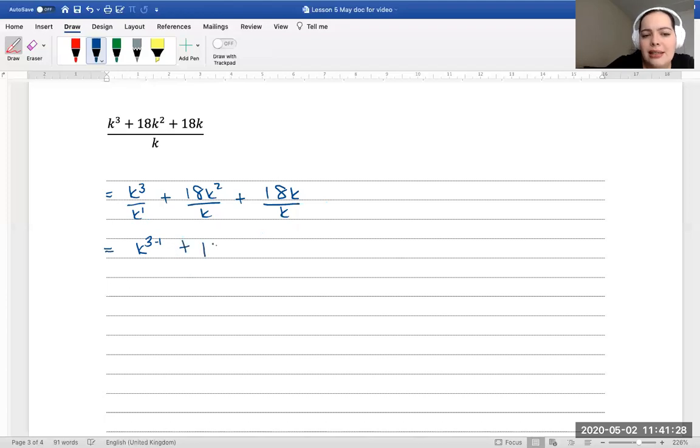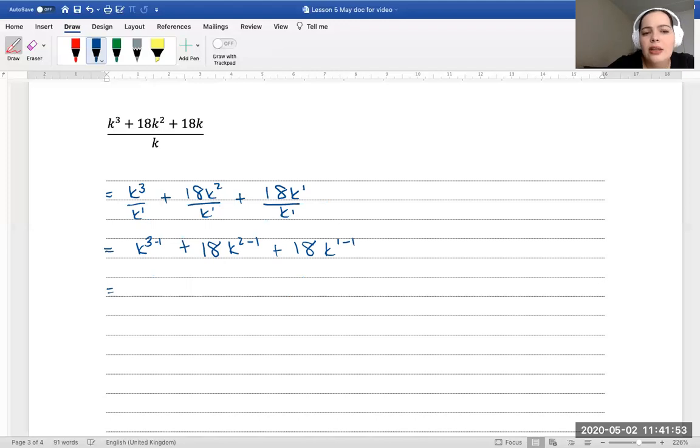And then we've got plus 18, because the 18 is just going to hang out on its own. And then we've got k squared, and we're going to minus 1, because again, there's a 1. And in the last term, we've got 18k, and it's to the power of 1 up there, and at the bottom it's the power of 1 too, so I'm going to minus 1.